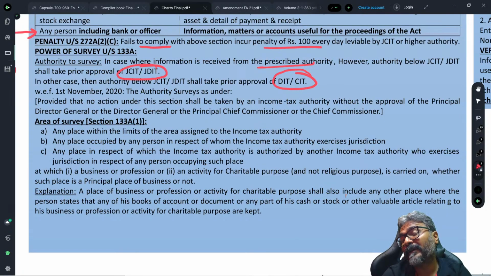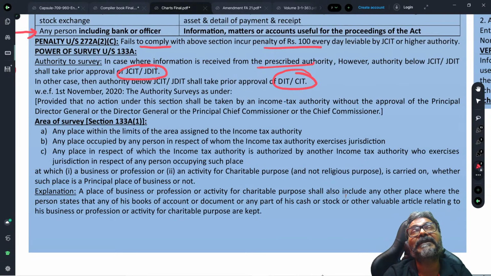But what if the reason for which you want to do the survey is not coming from the prescribed authority, that is the CBDT?